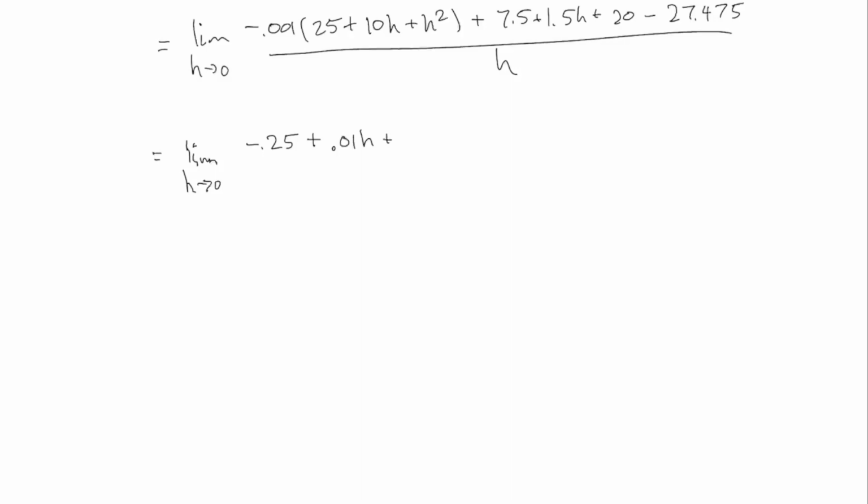Sorry, these should be minuses, not pluses, because I am distributing this thing, which is a negative number. So that's a minus 0.001 h squared. And then everything else like it is.